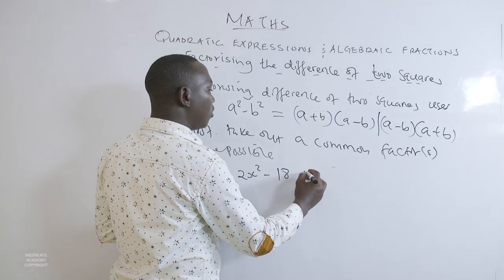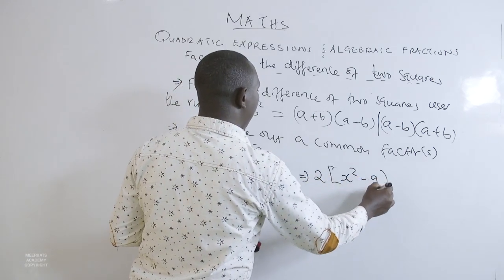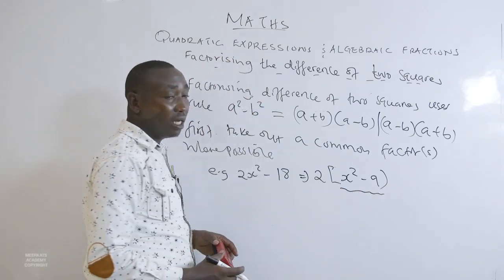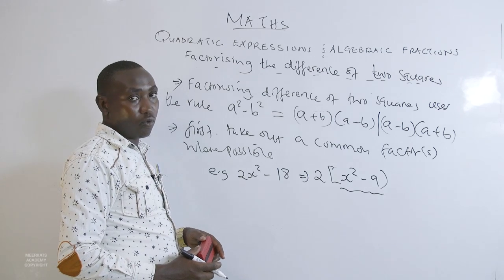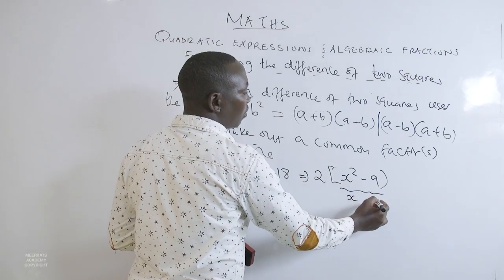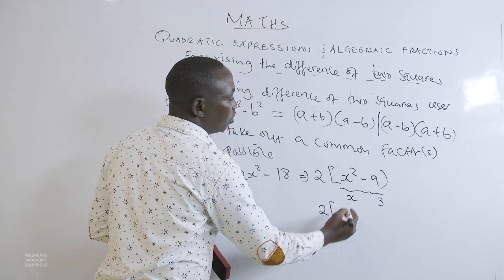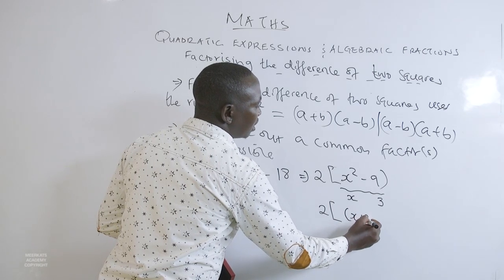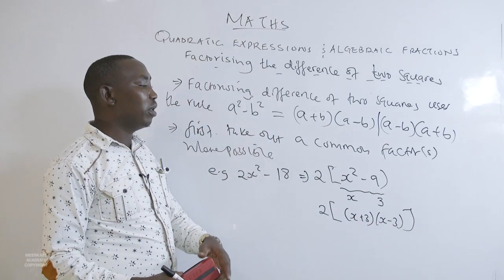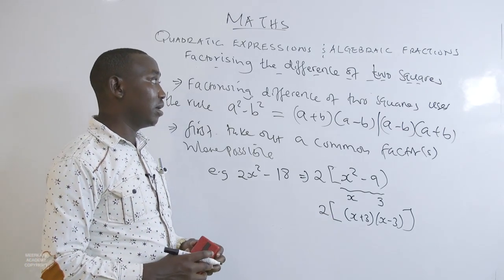So when you take it out, we are going to have 2 into x squared minus 9, and therefore what remains inside the bracket is a difference of 2 squares. Now look for the square root of x squared, which is x. Look for the square root of 9, which is 3. So this means we're going to have 2 into x plus 3, x minus 3. So we should be able to factorize it out first whenever we have a common factor.